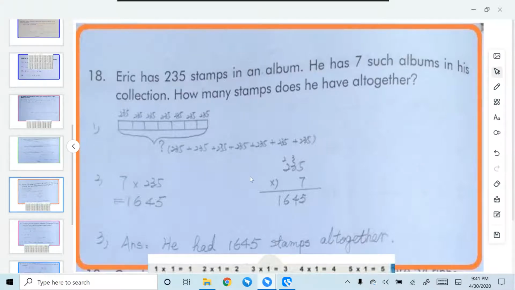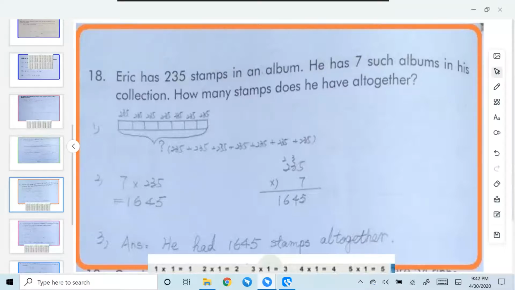Number 18. Eric has 235 stamps in an album. He has 7 such albums in his collection. How many stamps does he have altogether? First, we draw a diagram.